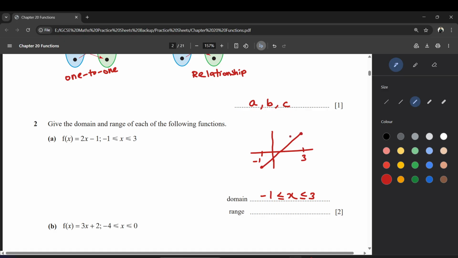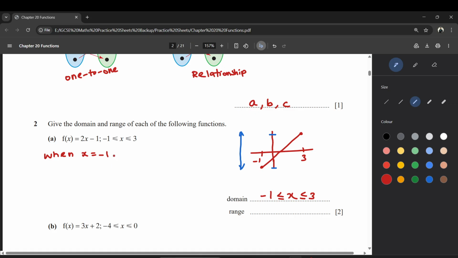So we can directly plug these values of x into my function, and I can find out the corresponding y value. Okay, so what do I mean by that? Because the range is going to be the lowest y value and the highest y value. This is going to be my range of the function.